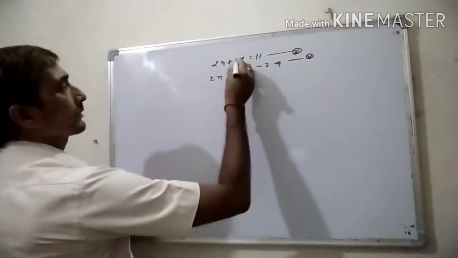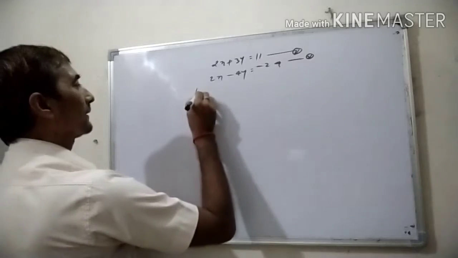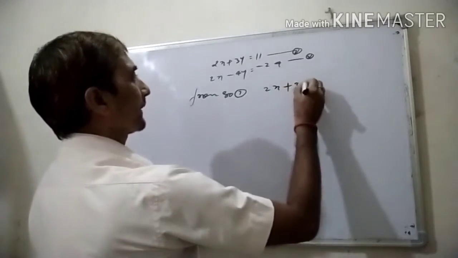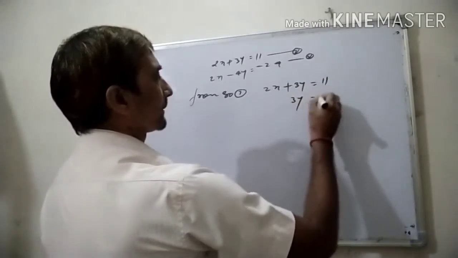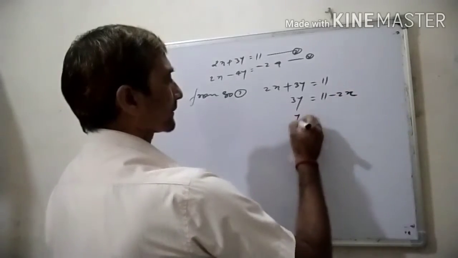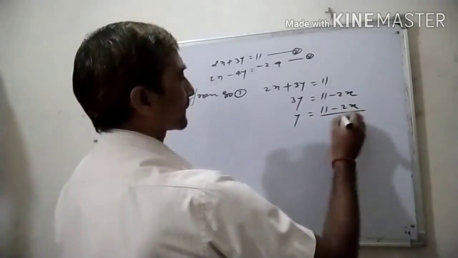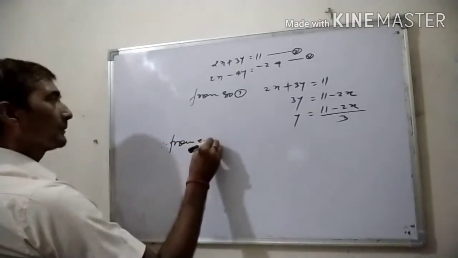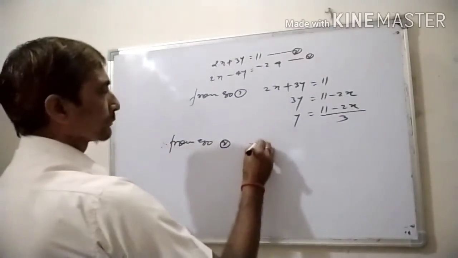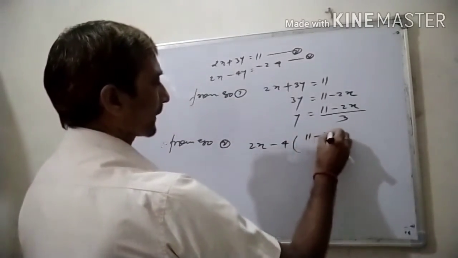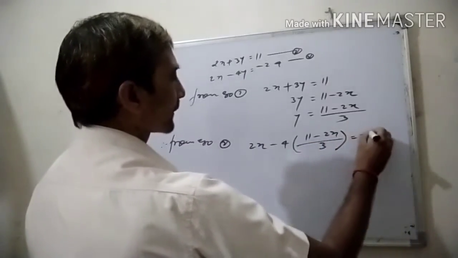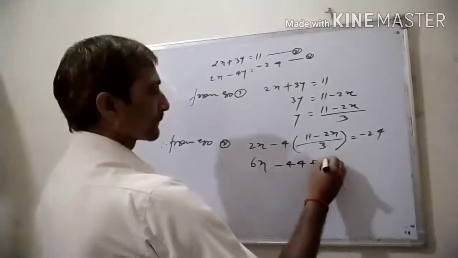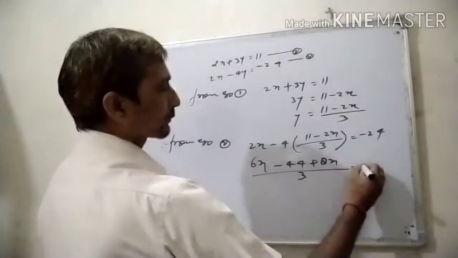So come and try to find the value of y from equation number 1. From equation 1, 2x plus 3y equal to 11, 3y is equal to 11 minus 2x, y is equal to 11 minus 2x by 3. Therefore, from equation number 2, 2x minus 4 into (11 minus 2x) by 3 equal to minus 24.